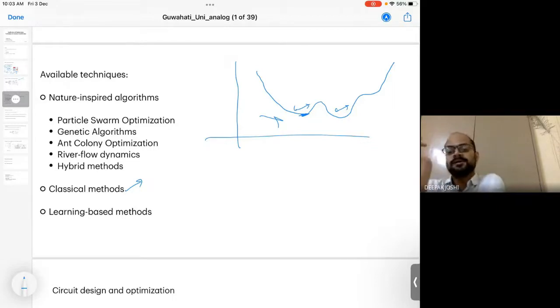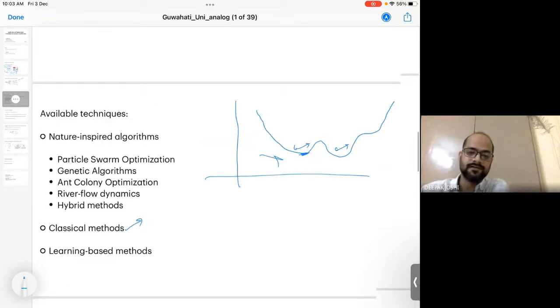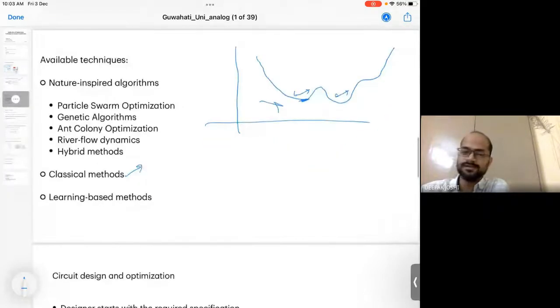But for analog circuits, we are still missing that chain. Some difficulties are associated with the representation of an analog circuit in the mathematical program format.